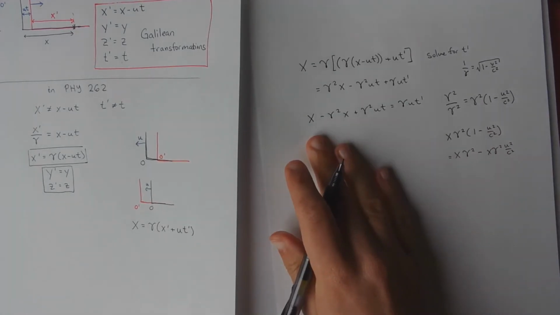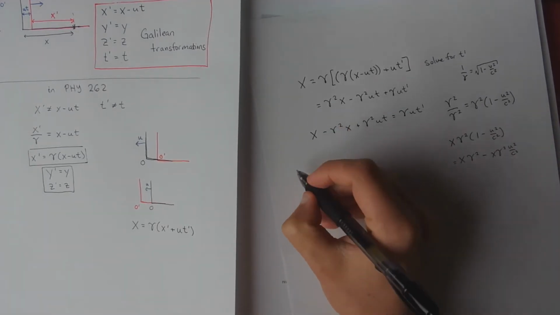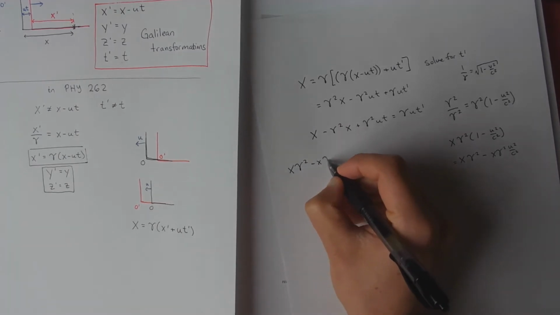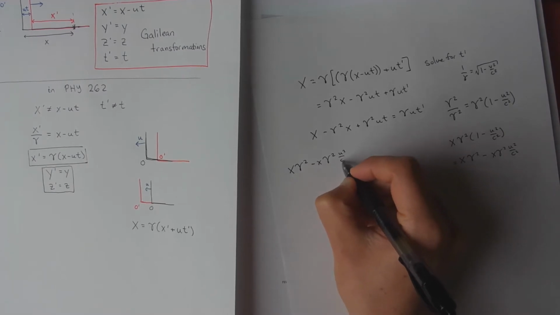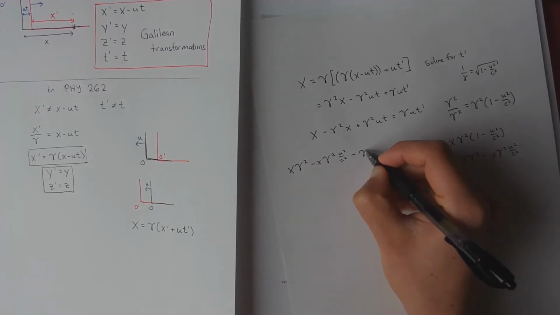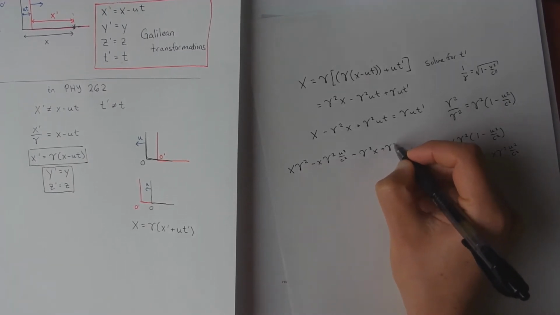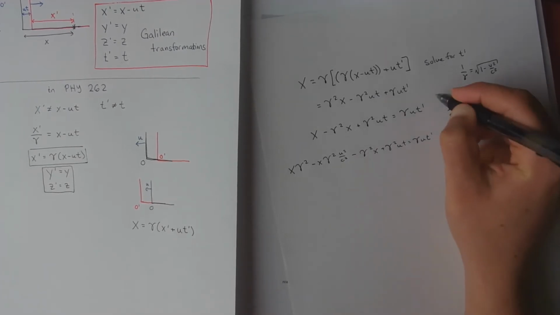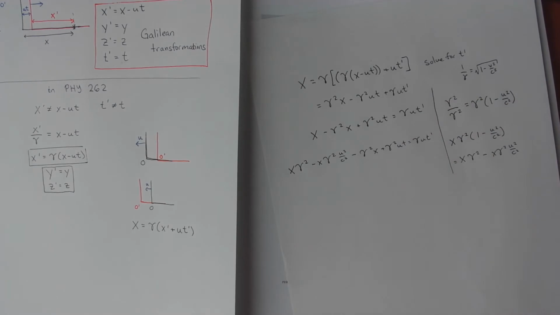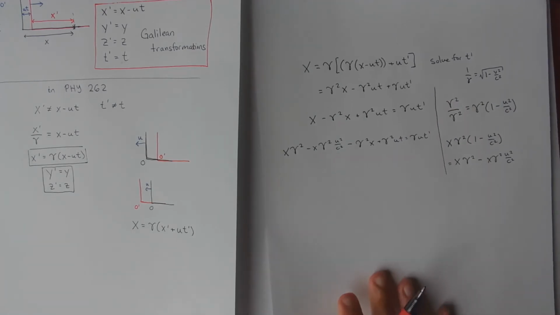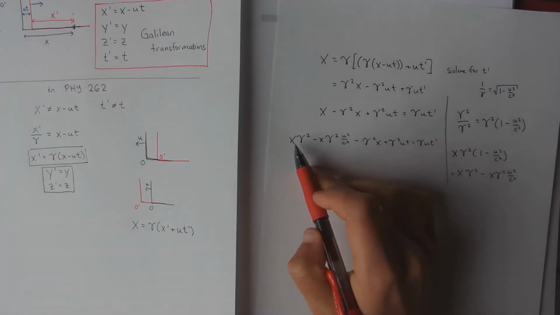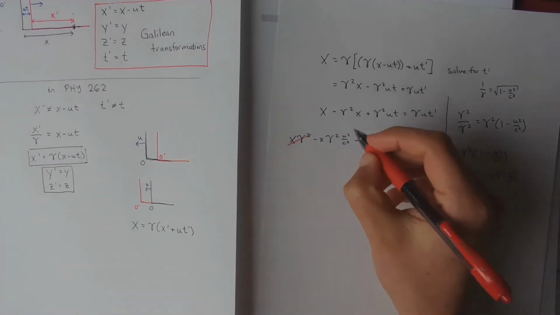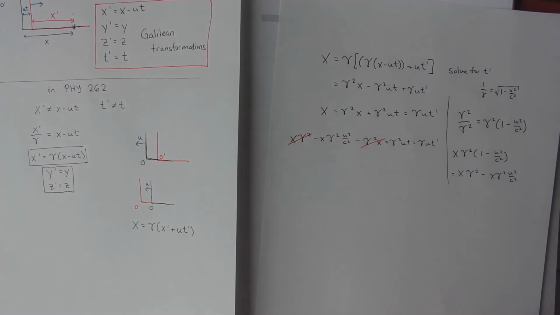Okay, so then I can go back over here and I have x gamma squared minus x gamma squared u squared over c squared minus gamma squared x plus gamma squared ut is equal to gamma times ut prime. Now, with luck, things will cancel out. So x times gamma squared minus gamma squared times x gives me 0.